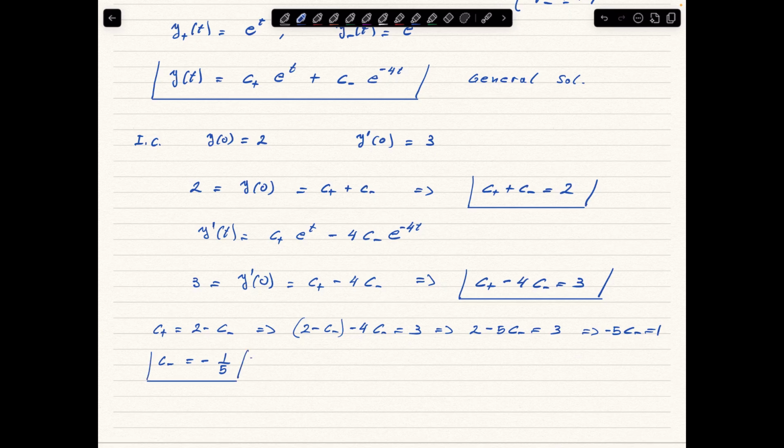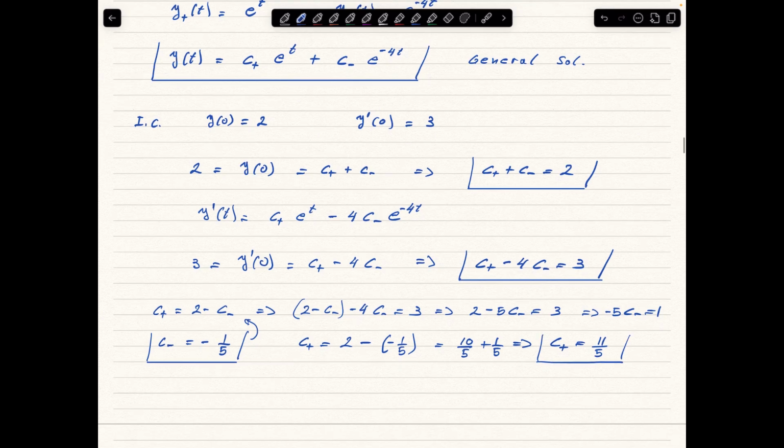Alright, if we know that c minus is negative 1/5, we go to the first equation. So we put that in here, and we get c plus. And c plus is going to be 2 minus negative 1/5. And this is equal to how many fifths? It is 10/5 plus 1/5. So we have found that c plus is actually 11/5.